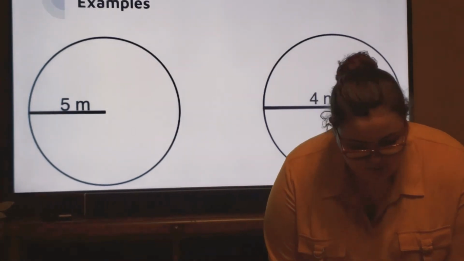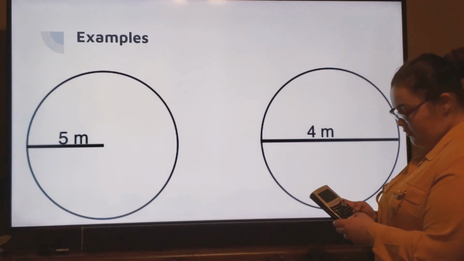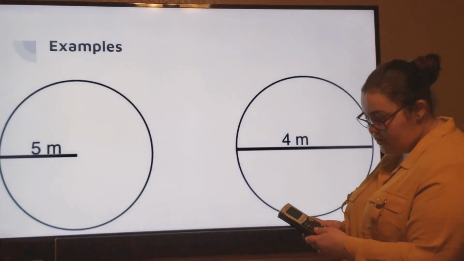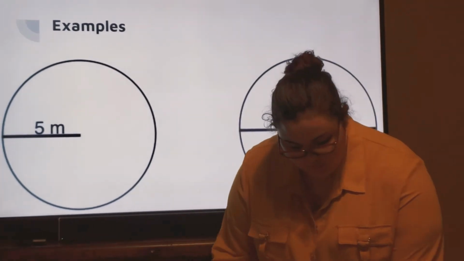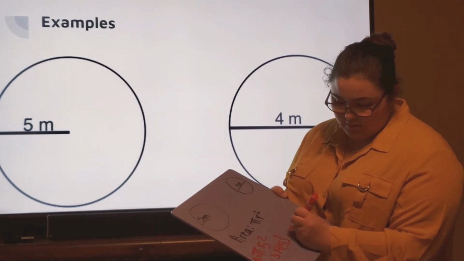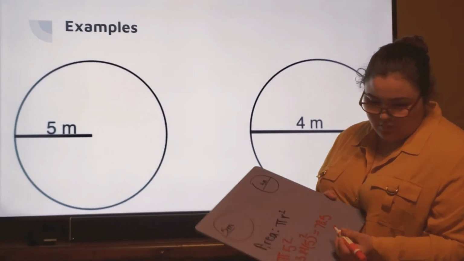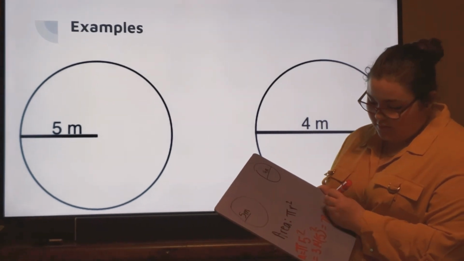So if we do that, we have 3.14 times 5 squared. And that gives you 78.5 meters squared.